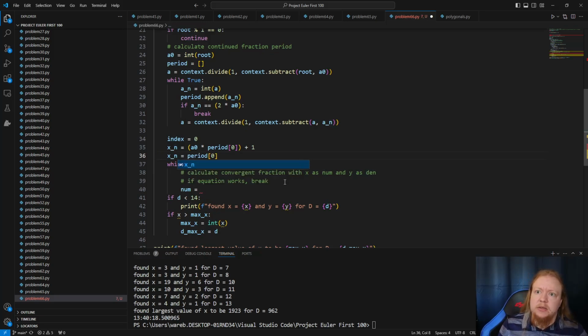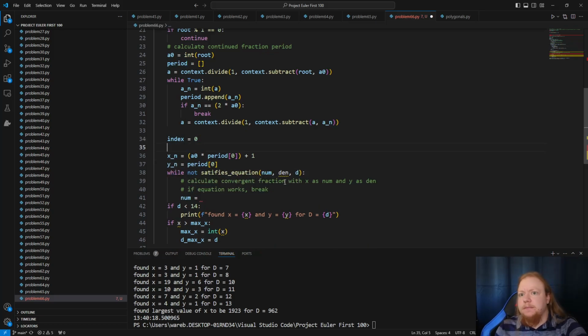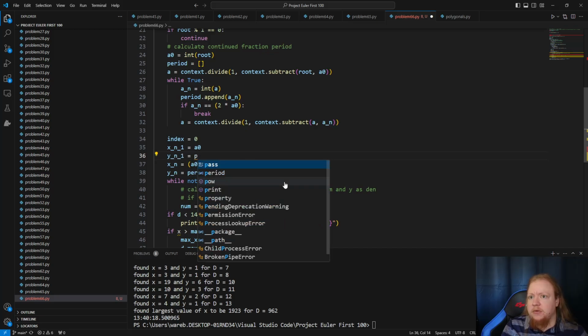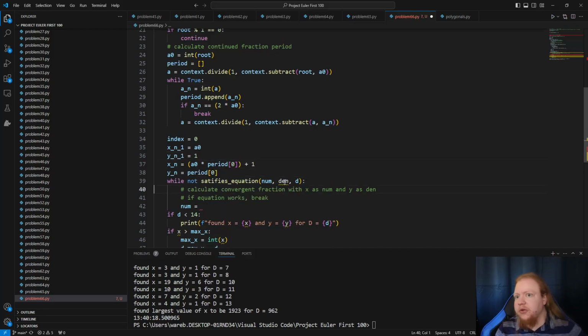That's x. Sorry, that's y of n. X of n minus 1 is a0 at first, and y of n minus 1 is 1 at first.